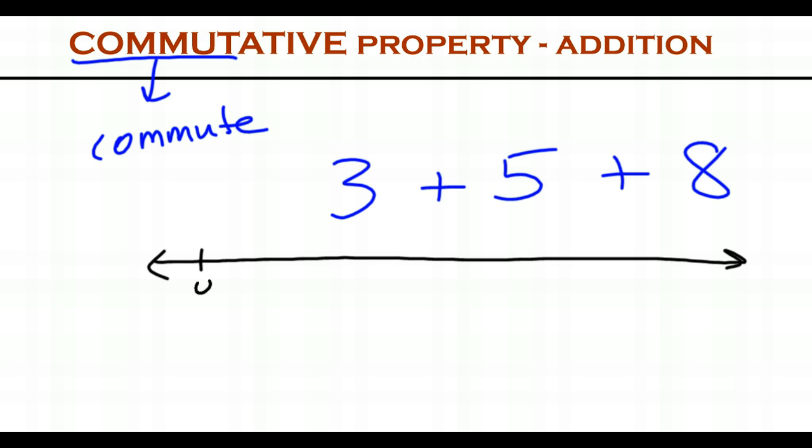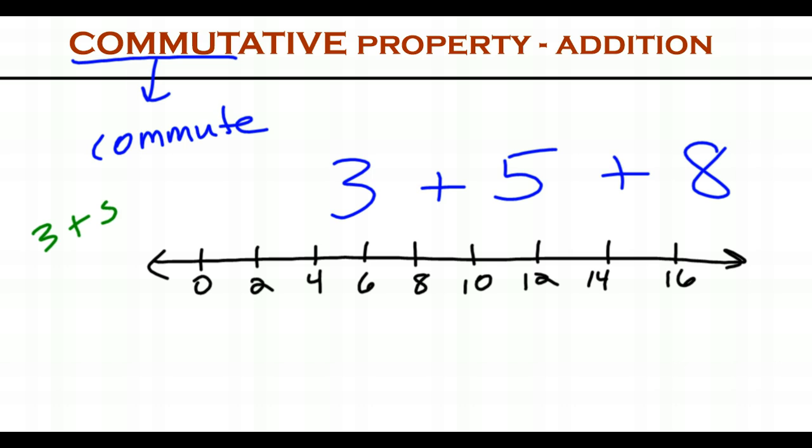We're starting with 0, and I'm just going to mark this in hash marks of 2 so that we can go through and we can see what it is that we're talking about. So let's add these numbers up in different orders. In green, we're going to add 3 plus 5 plus 8.